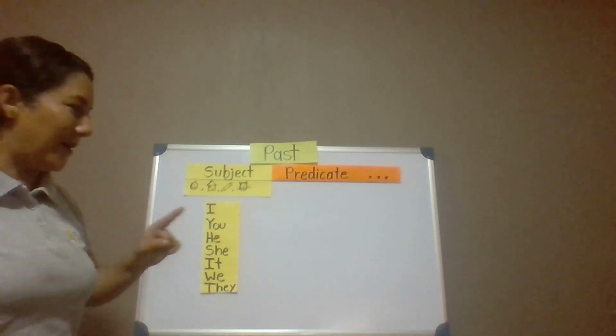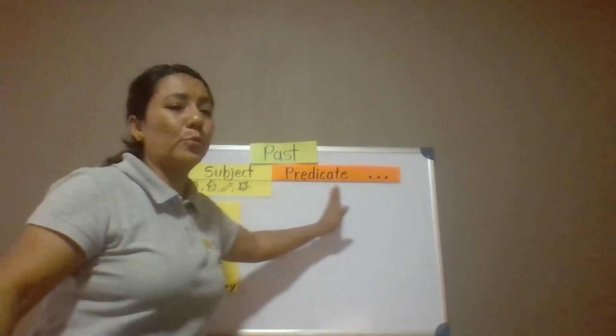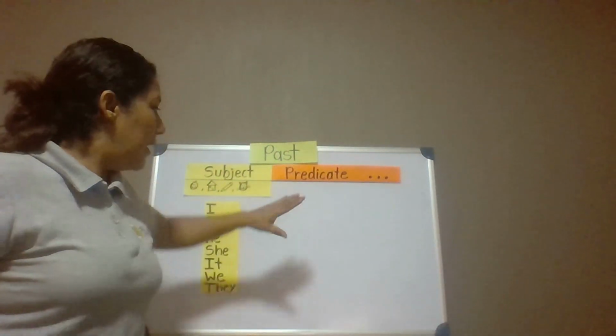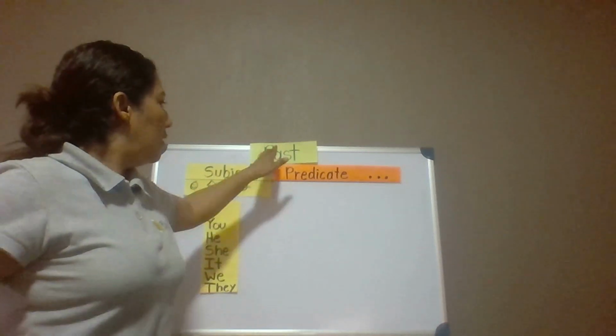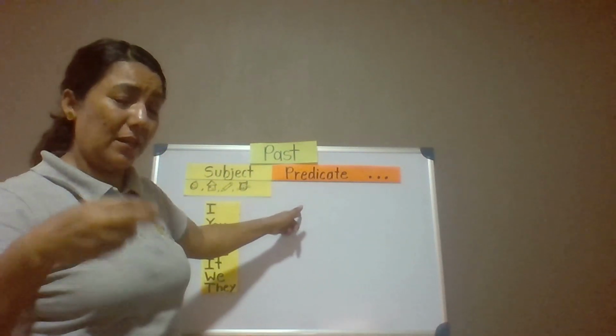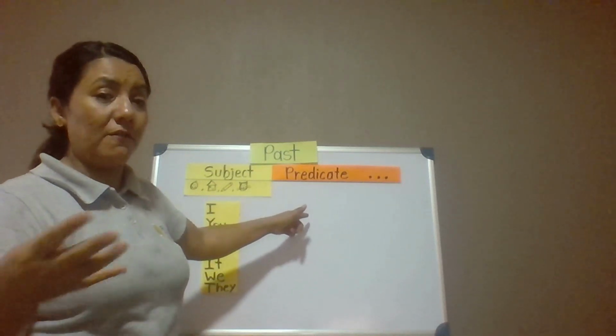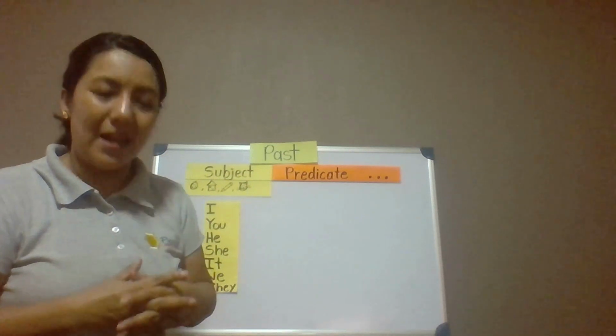The tricky part, the part we have to really pay attention to, is the predicate, because it is the verb, which is going to tell you if your sentences are in present, past, future, present progressive, past progressive, present perfect, or what tense.